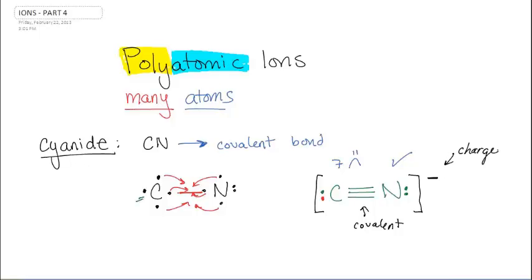And so if I asked you to write the ion cyanide, we would actually just write CN negative. When we're drawing the ions for polyatomic ions, we don't need to include all of the bonds and all of the lone pairs. We just write the molecule and its charge.